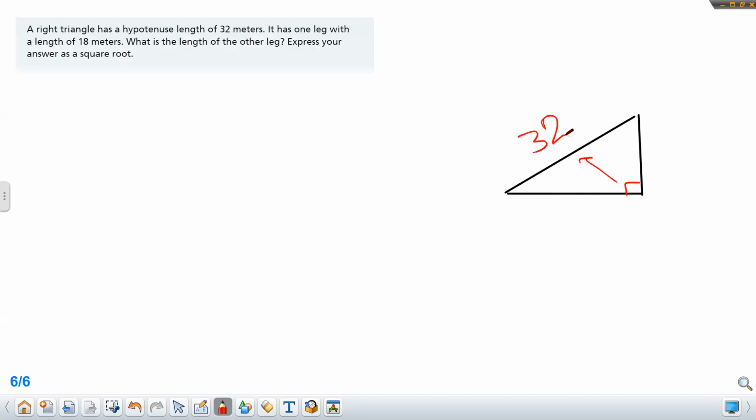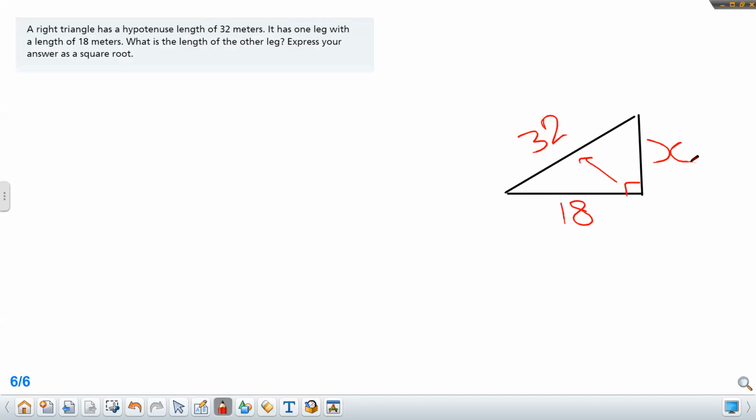It has one leg of length 18, for example this one. Then what's required? What's the length of the other leg? This one, for example, I will name it x. Express your answer as a square root.